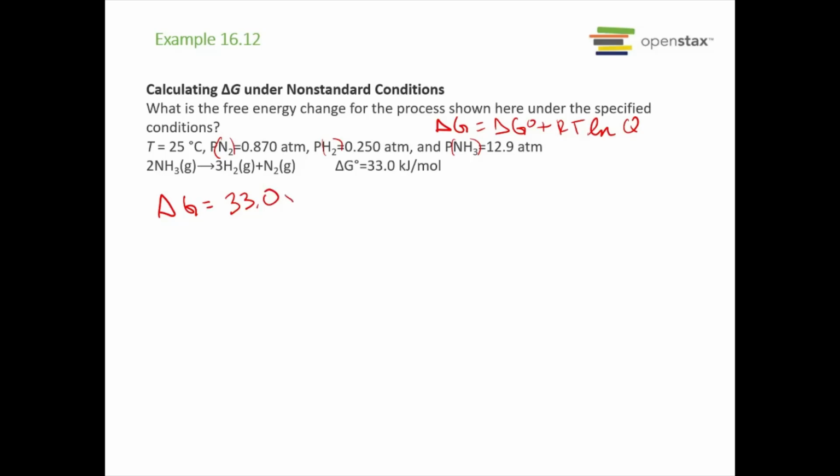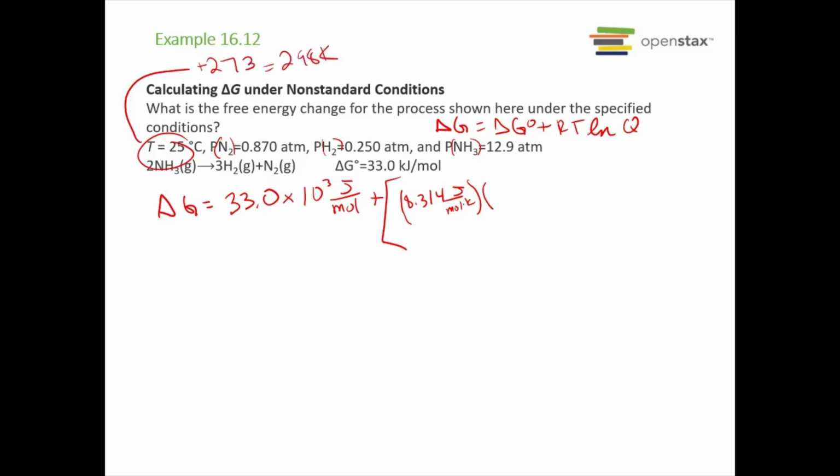We can rewrite this as times 10 to the third joules per mole, plus R, which is our good old friend 8.314 joules per mole Kelvin, times temperature. We're told 25 degrees Celsius, which we need to add 273 to give 298 Kelvin.